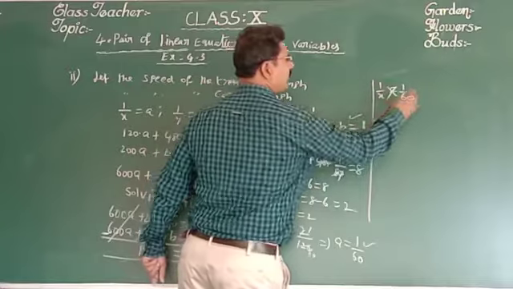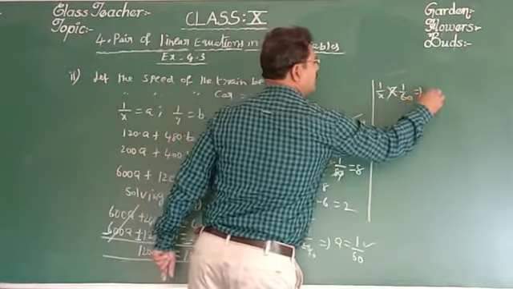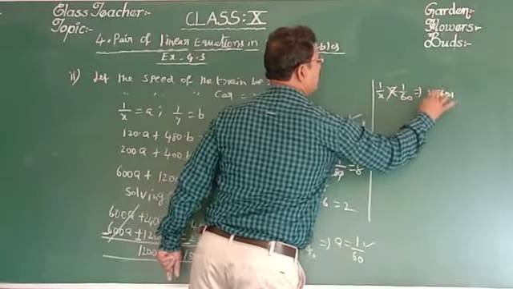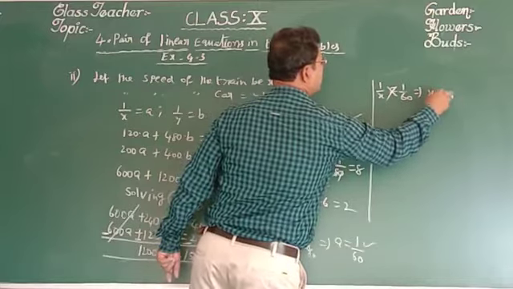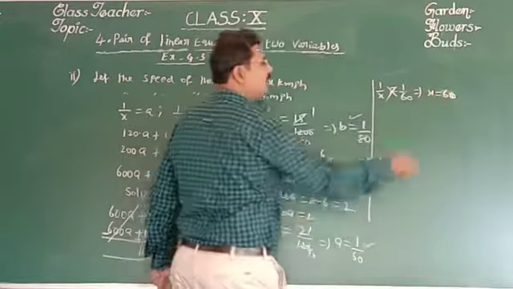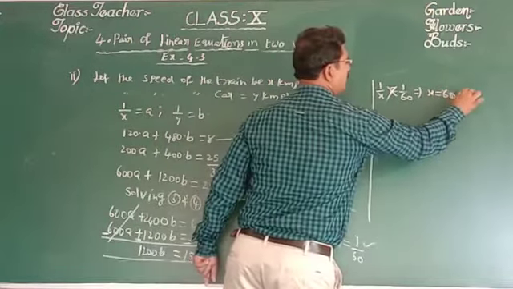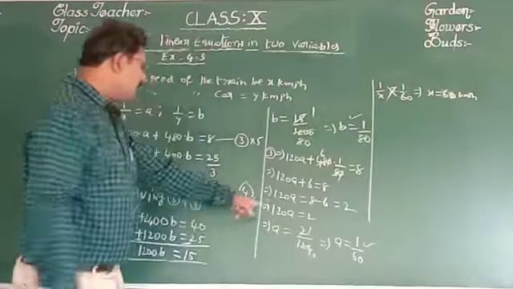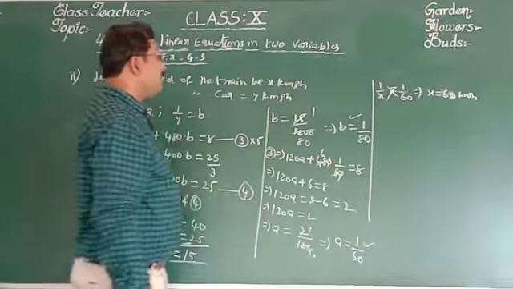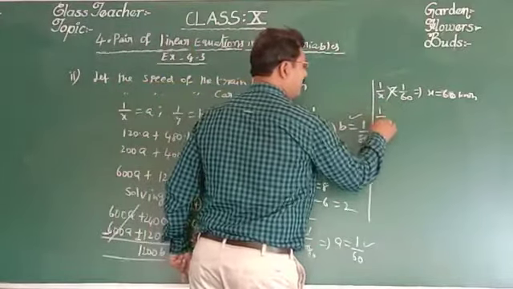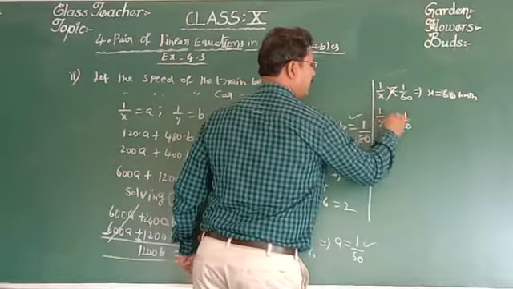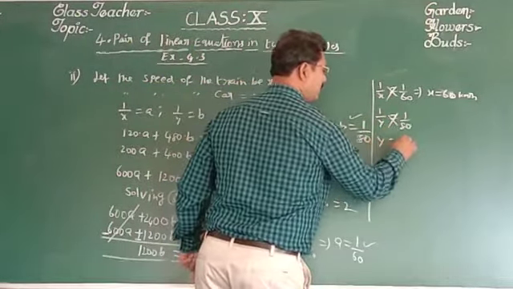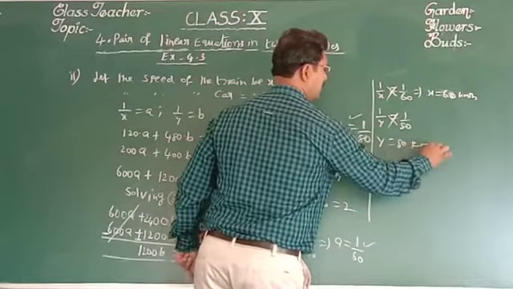By cross multiply, x is equal to 60 kmph. Again 1 by y is equal to b, that is 1 by y is equal to 1 by 80. By cross multiply, y is equal to 80 kmph.